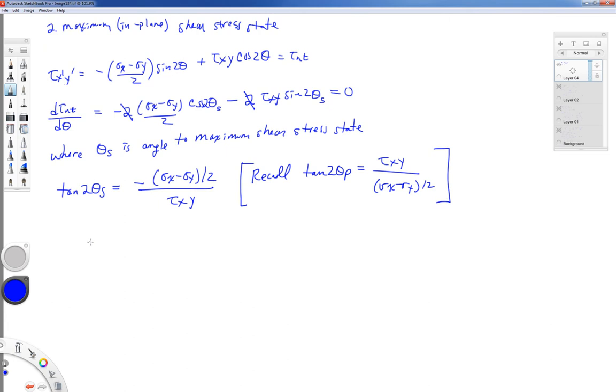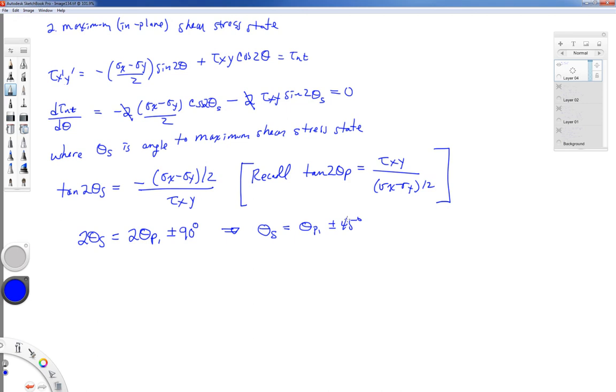Now we can say that the angle 2 theta s is equal to the angle 2 theta p, let's label it as 1, plus, well, or we can go minus 90 degrees. If we divide through by 2, we can say that the angle theta s for maximum shear is the principal angle theta p1 plus or minus 45 degrees.